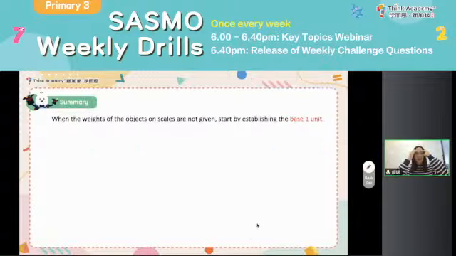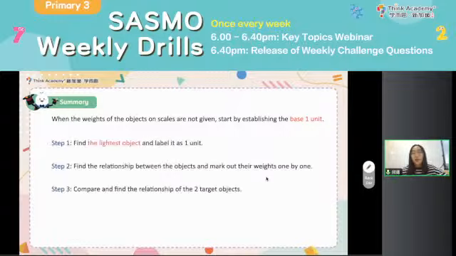Okay, so here let's have a quick summary of this type. Because actually for this type, it is very common in P1 and P2 competitions. So here we just explain it a bit faster, okay? When the weights of the objects on scales are not given, start by establishing the base 1 unit. So what is the first step?